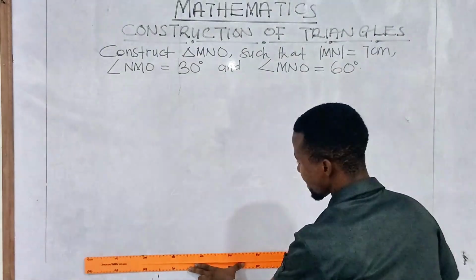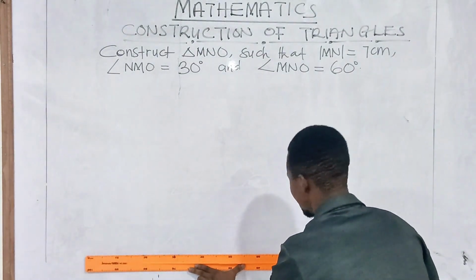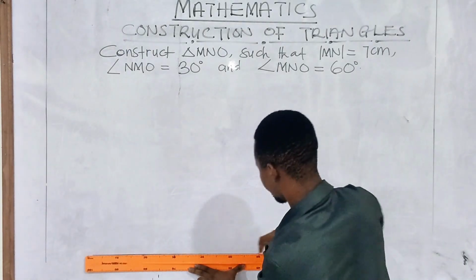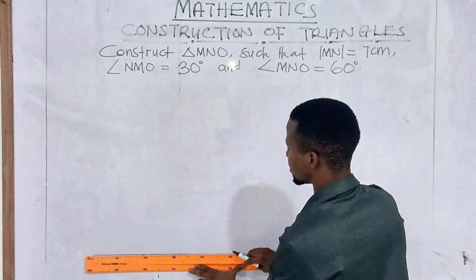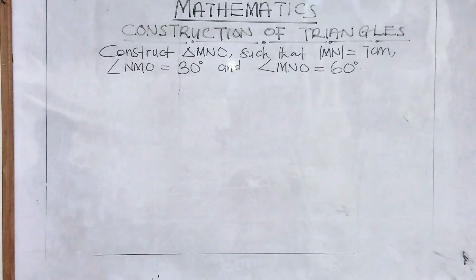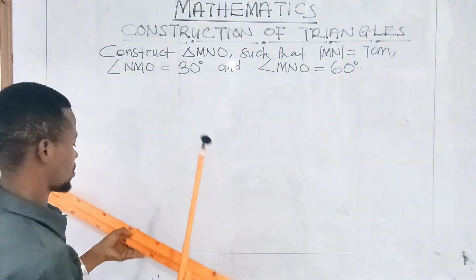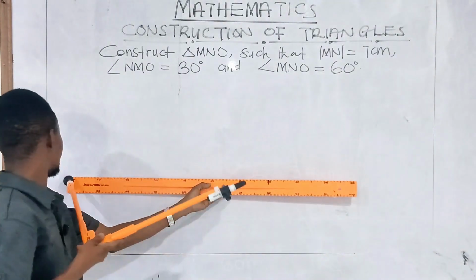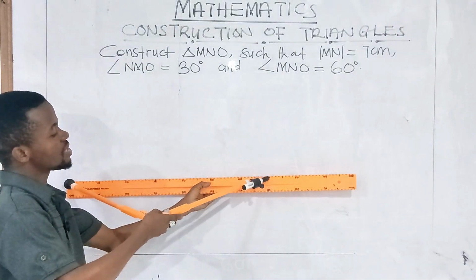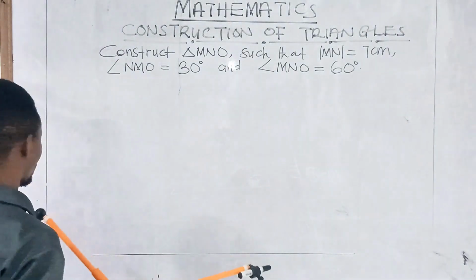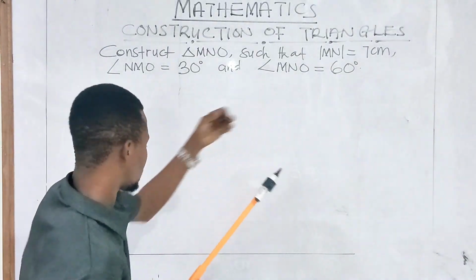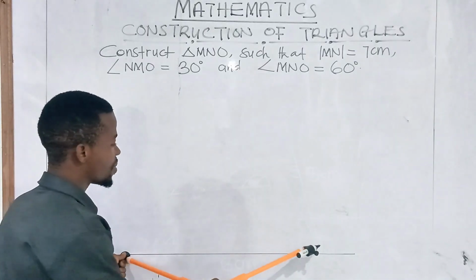So I'll draw my straight line here. Then I'll measure 7 centimeters. I'll start at 0 and I'll measure 7 centimeters. Now I'll stand at one end and I'll make an arc.